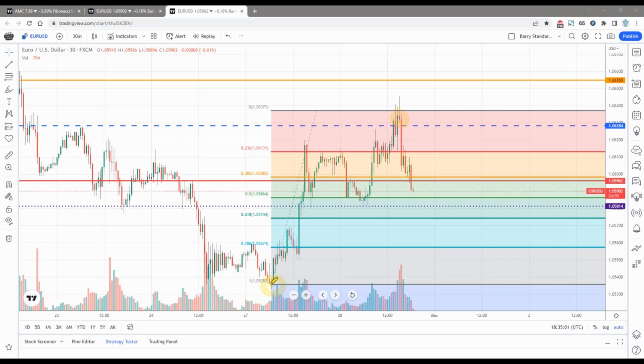So we can see that right now we're at 1. Now, remember, we're looking only at here. So if price came back all the way to here, it would have retraced 100% of its movement. If price came down to this far, it would have retraced 78.6. Here's the 61.8. Here's the 50% line.